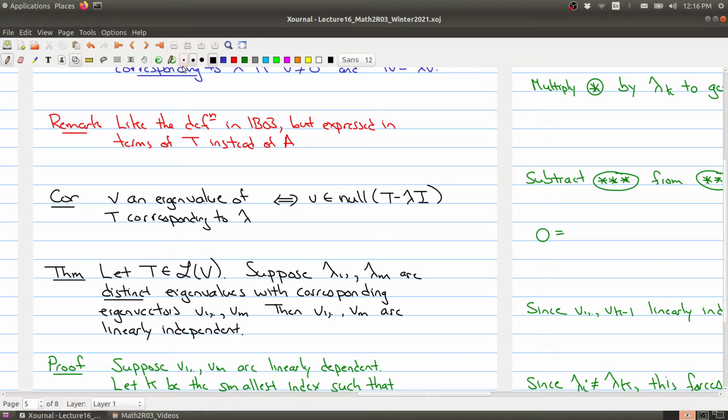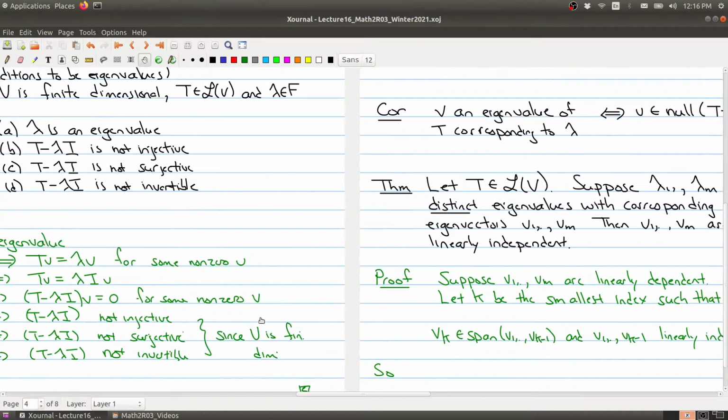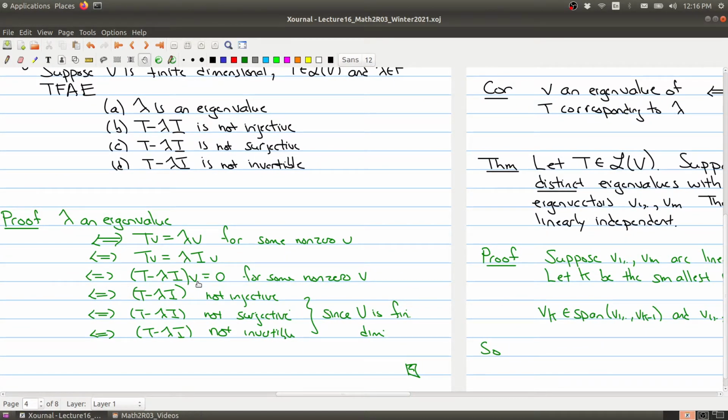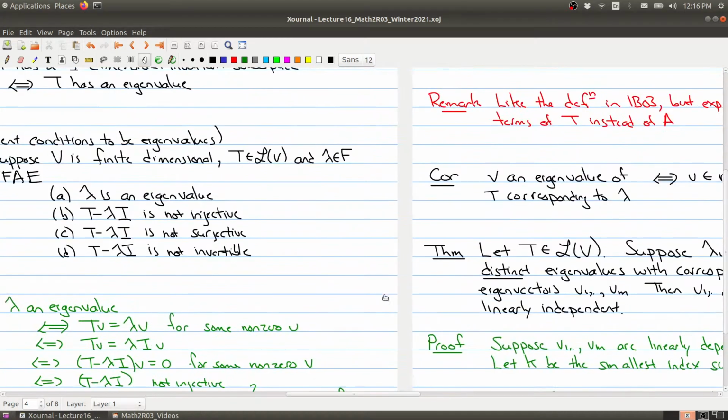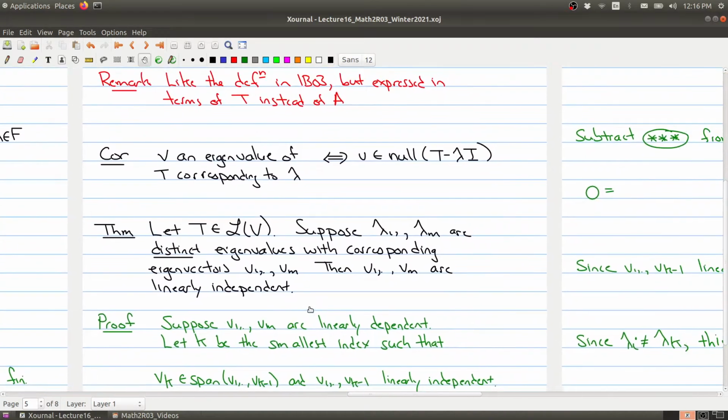And this particular fact is coming from this line right here: v plugged into this operator gives me 0 for non-zero vector v.